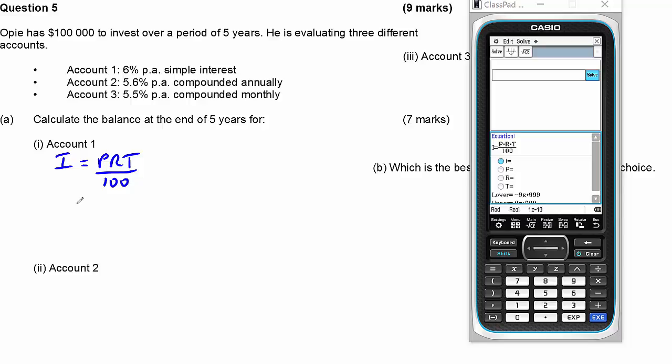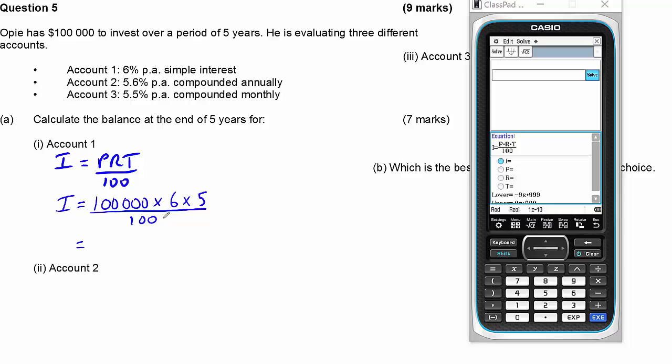So that is going to be 100,000 times the rate for the simple interest, which was 6, multiplied by the time, which is 5 years, over 100.